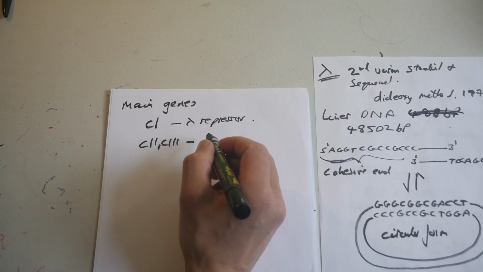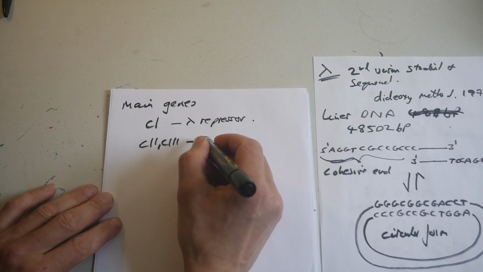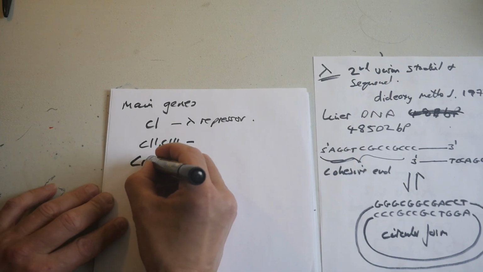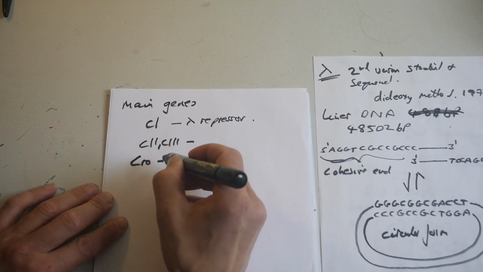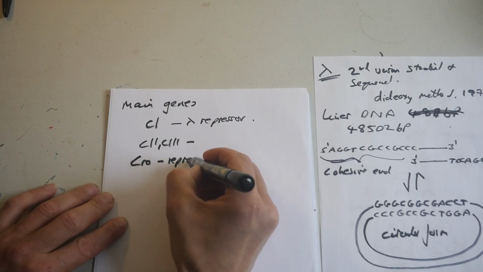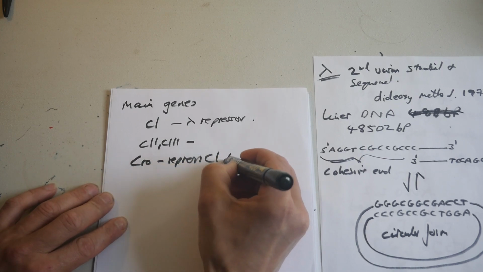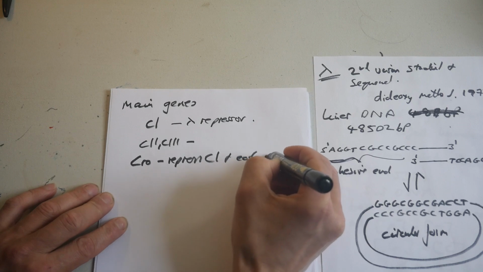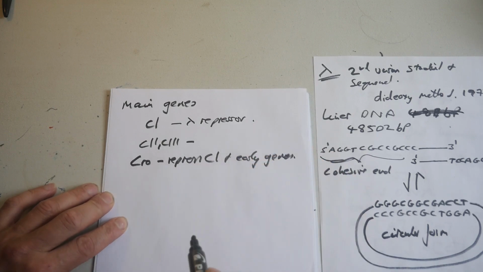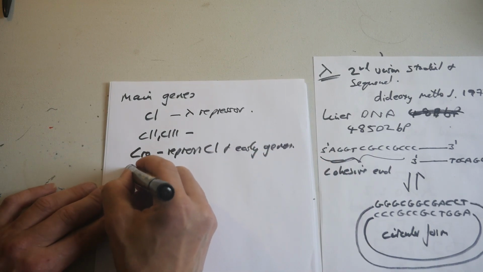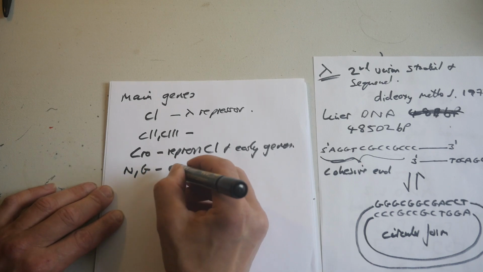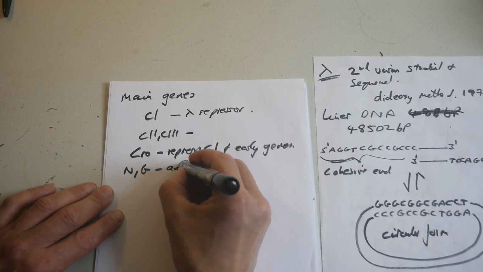C2 and C3, these establish the lysogeny, which is to do with the way it infects cells. The CRO gene represses C1 and early genes. And then you've got N and Q, which are anti-terminators.